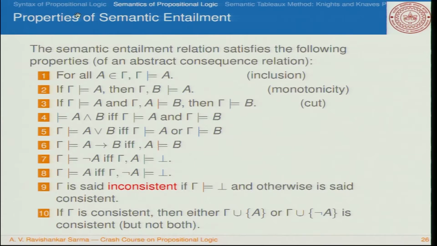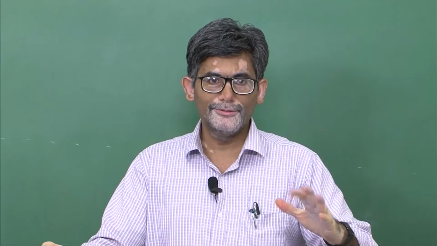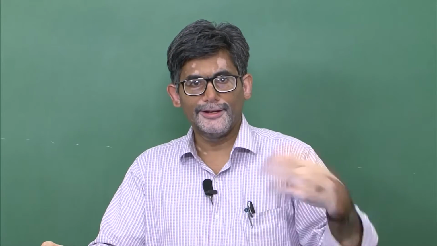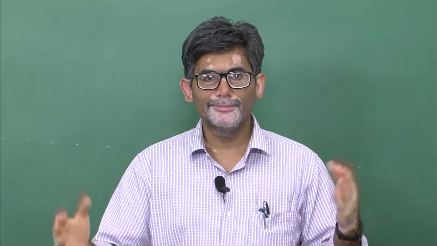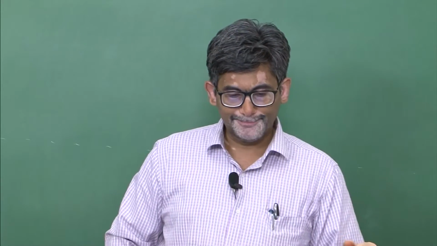This is the one we will be using in our decision procedure, the semantic tableaux method. If gamma is consistent, then either gamma union A has to be consistent, or gamma union not A has to be consistent, but definitely not both. If any system derives both A and not A, then that system is considered to be inconsistent.